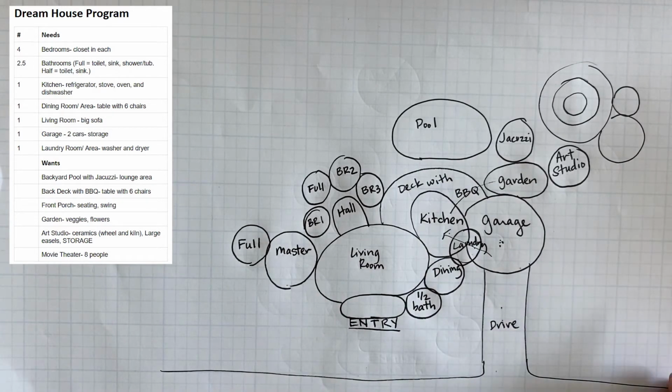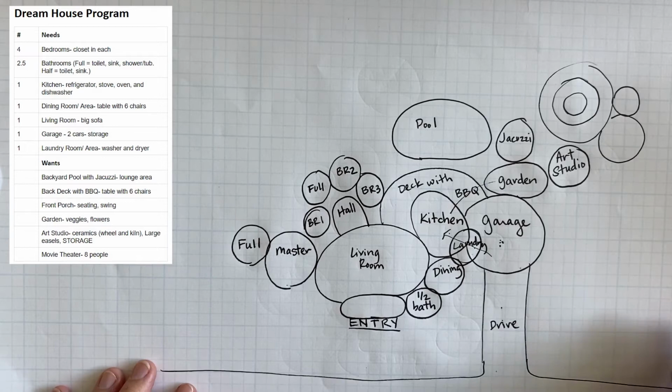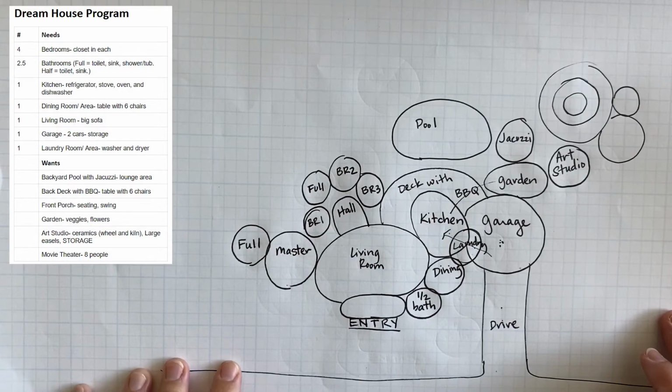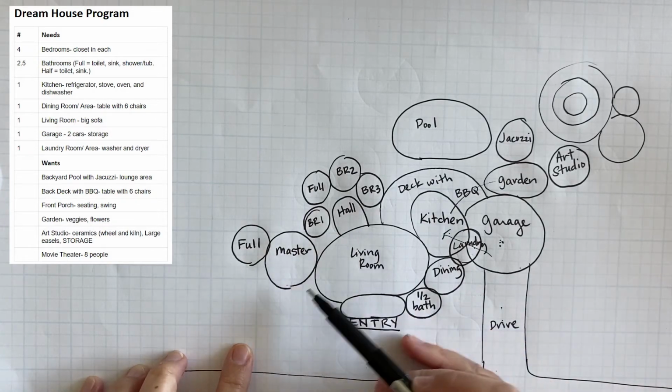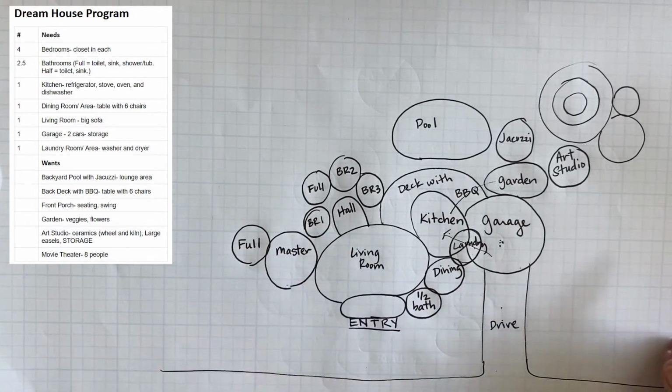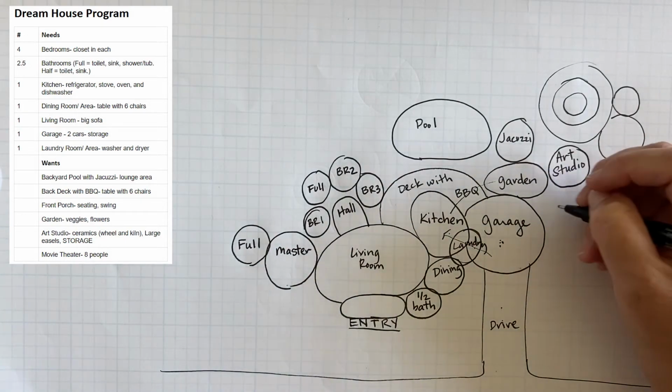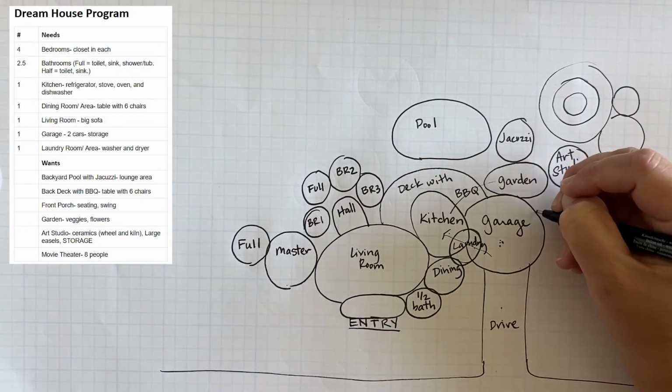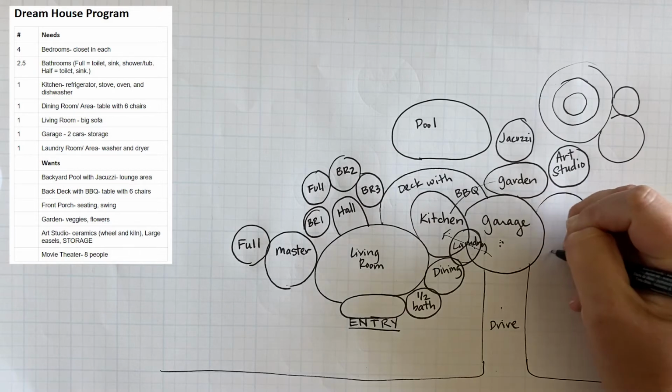Okay, lastly, we have a movie theater, and there's pretty much anywhere we can put a movie theater. Usually movie theaters have really good sound absorption, so they don't really make a lot of noise that would disrupt people, but still you probably don't want it right next to your bedrooms. So how about we put it kind of off here, off the garage.